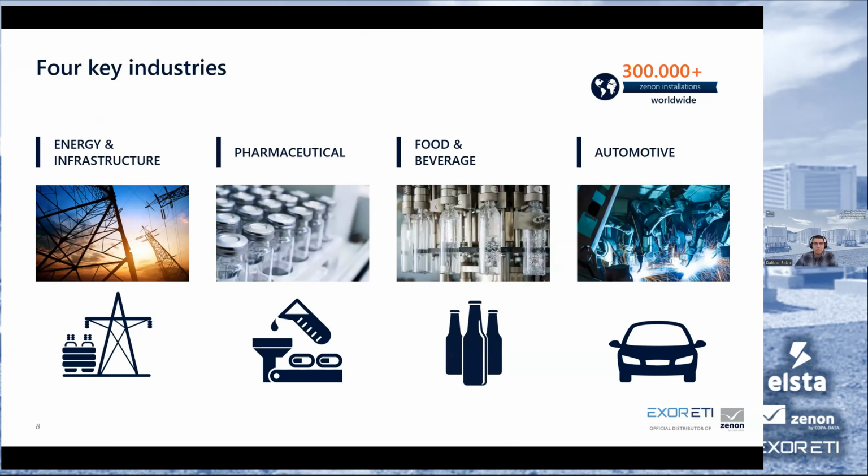Zenon can cover many industries. As I mentioned at the beginning, Zenon can cover energy and infrastructure, which is our main topic today, but also a lot of references from pharmaceutical, food and beverage, and automotive sectors.